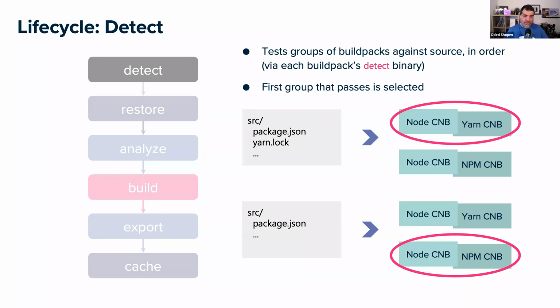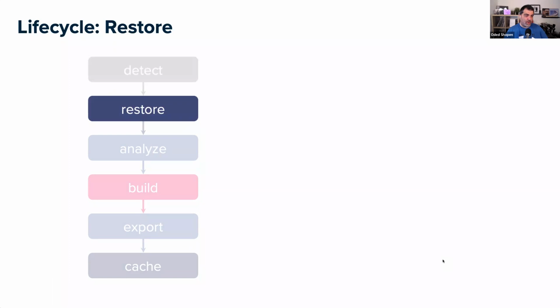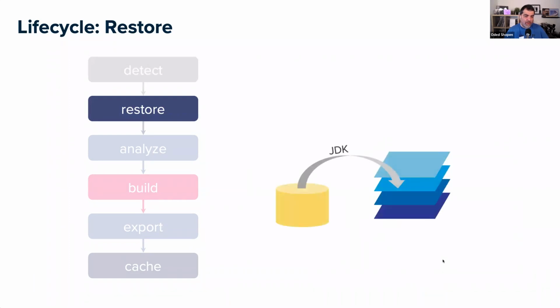Once I've selected the group, I begin a process called restore. As you see, the last step here is caching. So let's imagine I already built the first version of this image, and now I build version number 2. I change my code and I want to build it again. So this is basically taking any layer that should have caches.